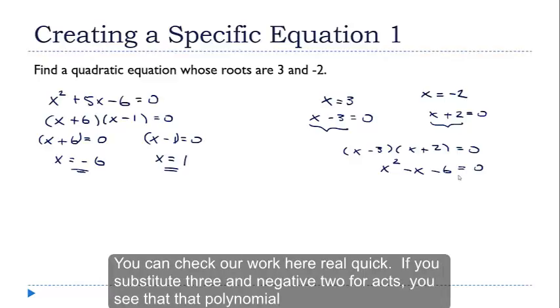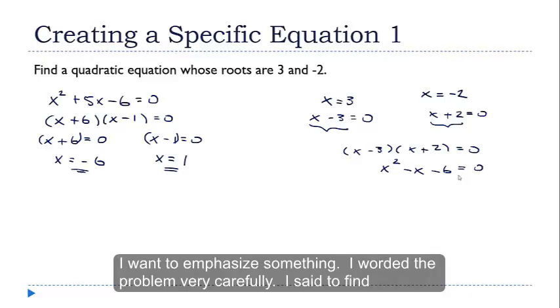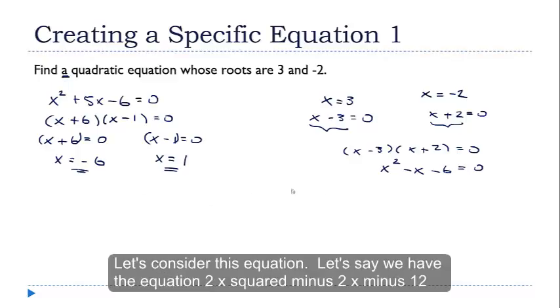And you can check our work here real quick. If you substitute 3 and negative 2 in for x, you should see that polynomial does equal 0 for both of those values. Both of those values are its roots. Now, I want to emphasize something here. You notice I worded the question very carefully. Notice I said find a quadratic equation. Because let's consider this equation.